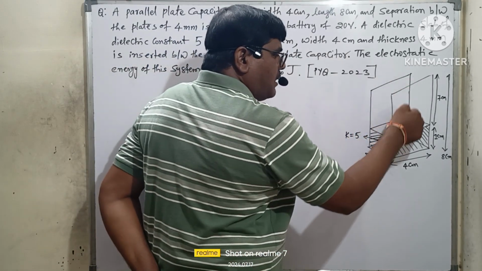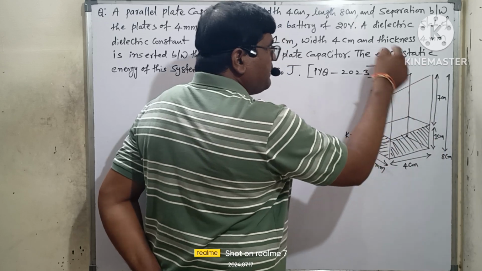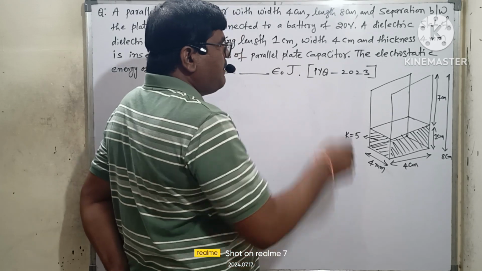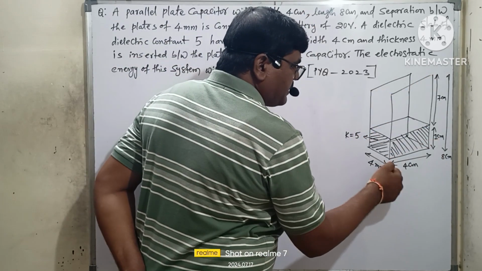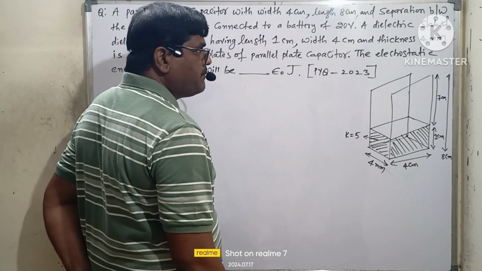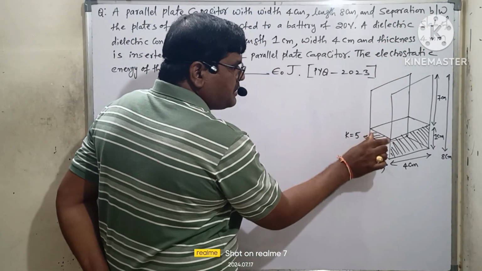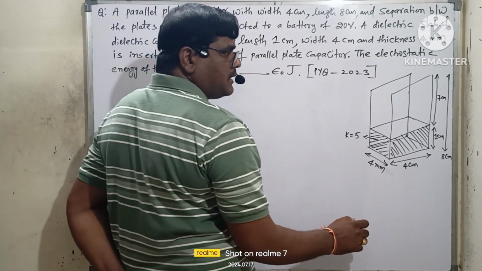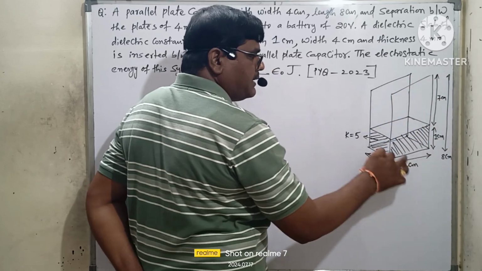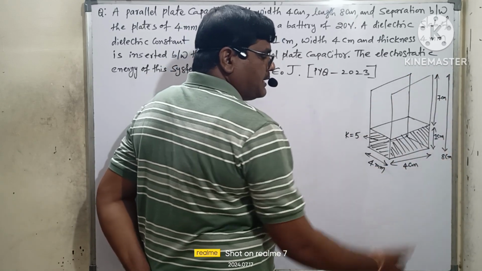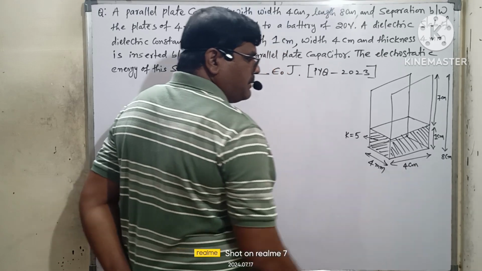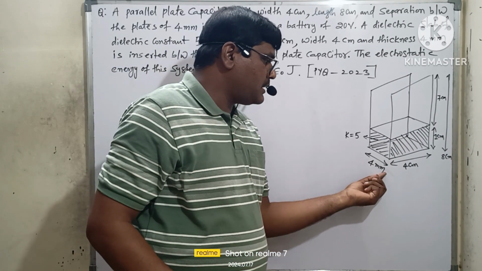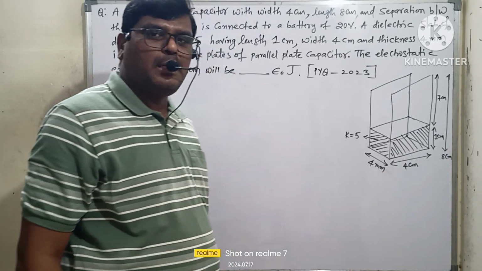The length of this plate is 8 centimeters, the width of this plate is 4 centimeters, and the separation between these two plates is 4 millimeter. Understood? This plate has a length of 8 centimeter and width of 4 centimeter, and between the two plates the separation is 4 millimeter.